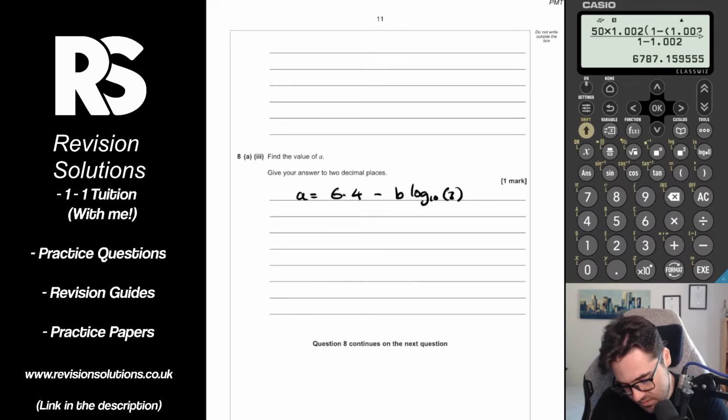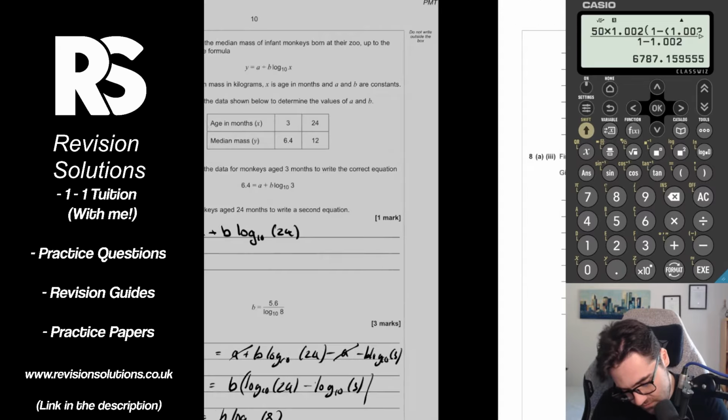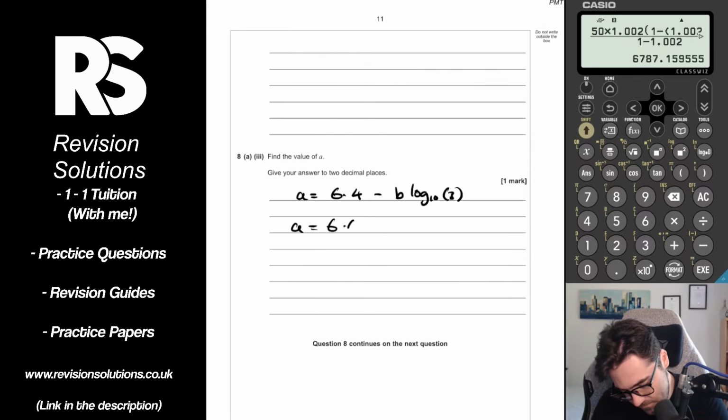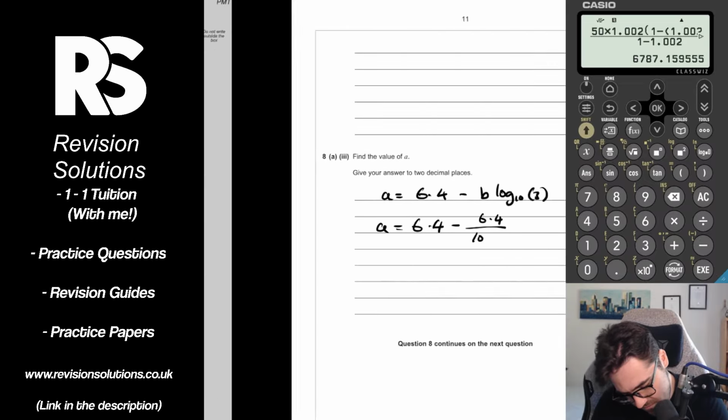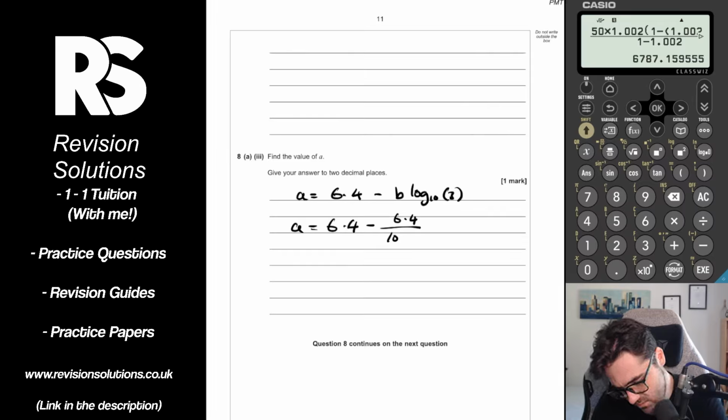And we can plug in our value we got for B, so that's 5.6 over log base 10 of 8, all times log base 10 of 3.